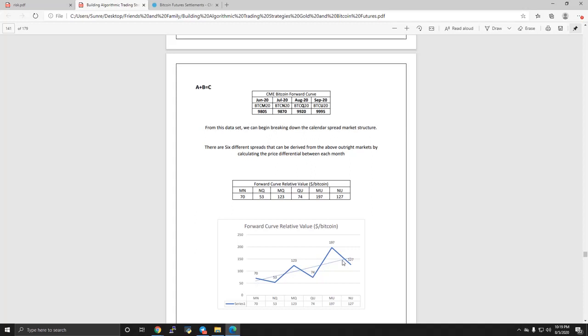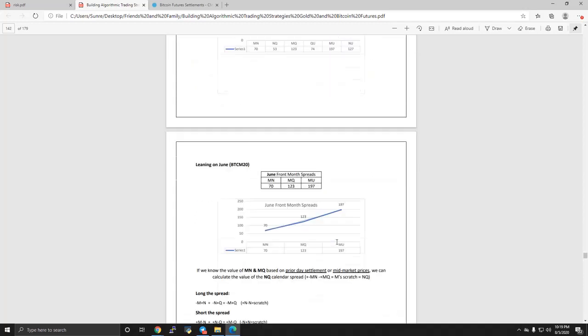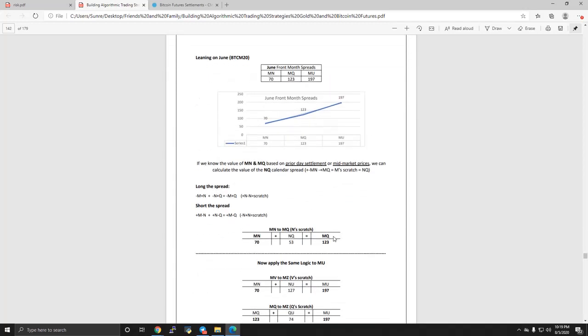We see the curve very nicely here on this graph, and we're going to work our standard 6 strategy based on this forward curve and the A plus B equals C methodology, which we dig into here for Bitcoin further down in the chapter.